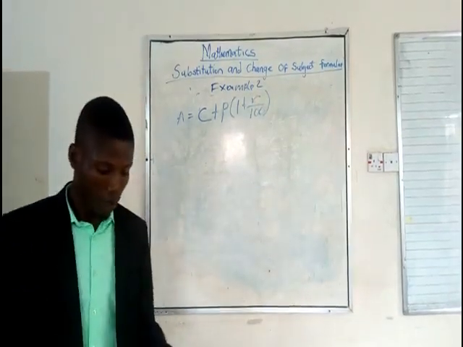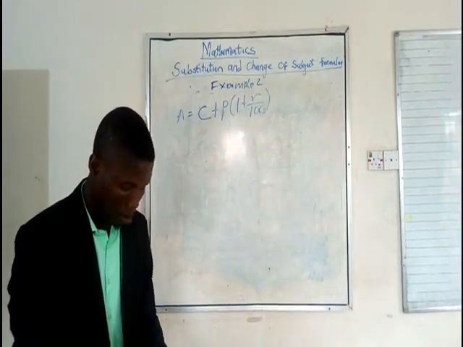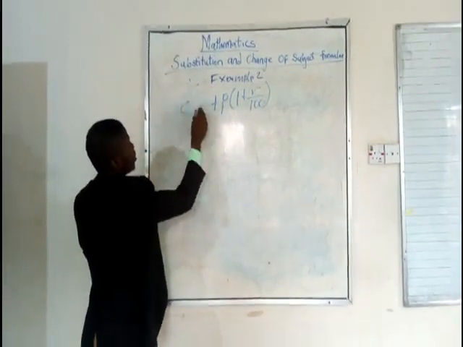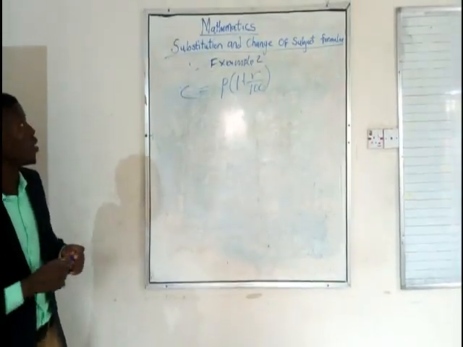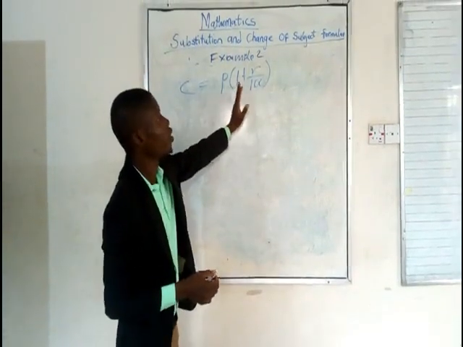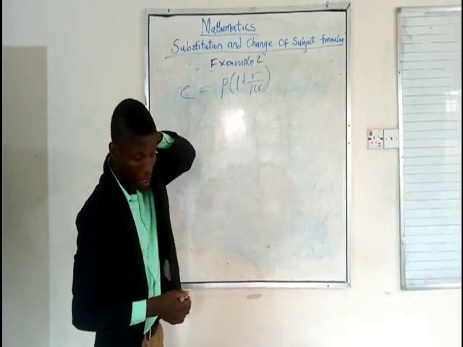This formula is the formula for compound interest. Compound interest. Sorry, not A. C equals P bracket 1 plus r all over 100, a formula for compound interest.